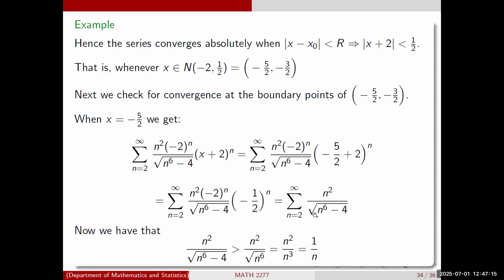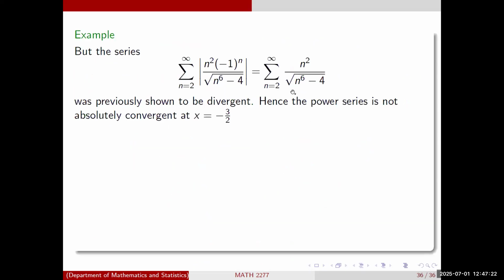We already know this series is going to diverge, right? So this series was previously shown to be divergent, okay? So the power series does not converge absolutely at this point, but it could still converge, right? It just means it doesn't converge absolutely, but it could still converge.